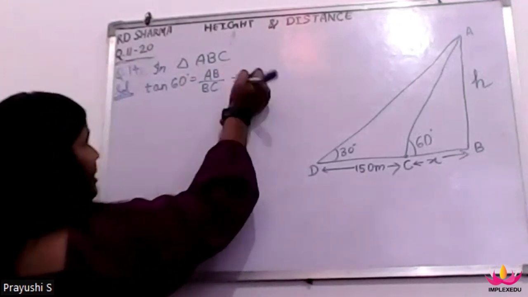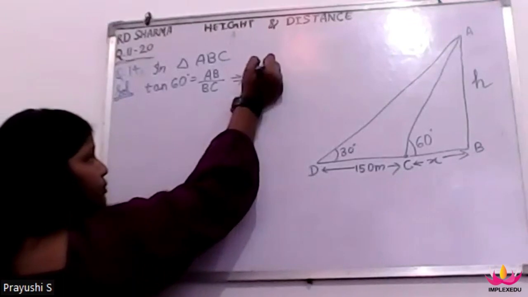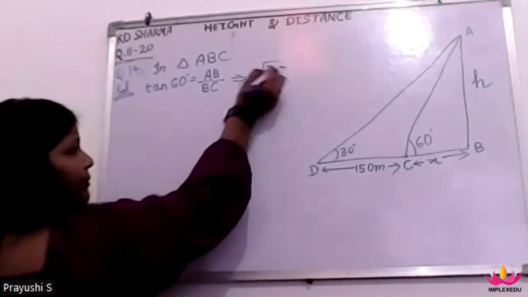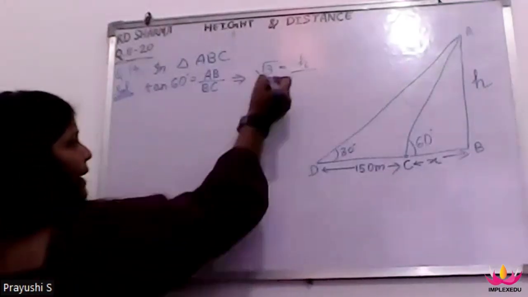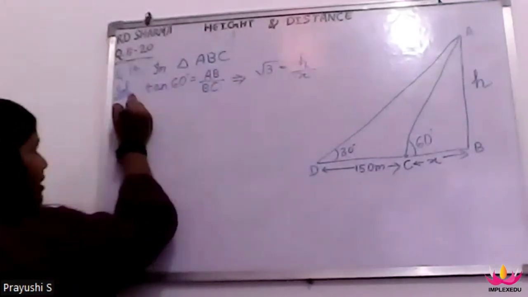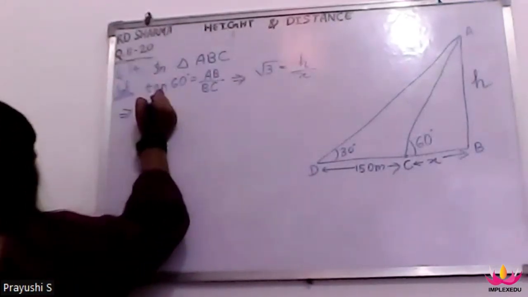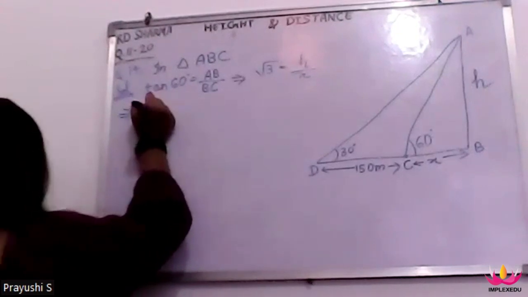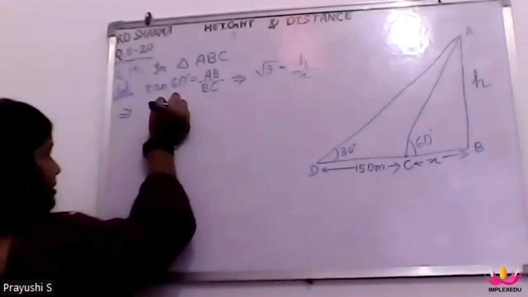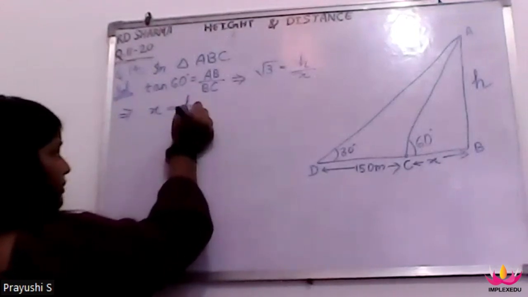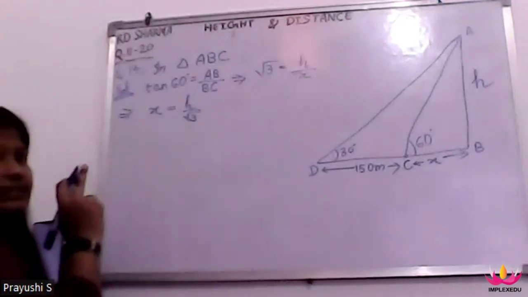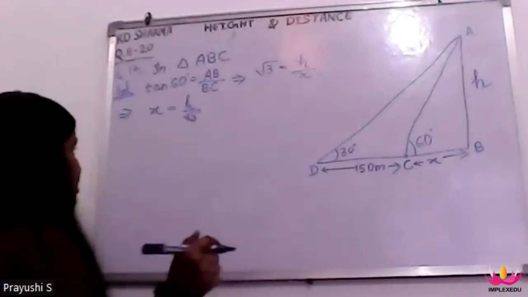And we know that tan 60 is equal to root 3, and AB is equal to h, and BC is equal to x. So from here we will get x is equal to h upon root 3.